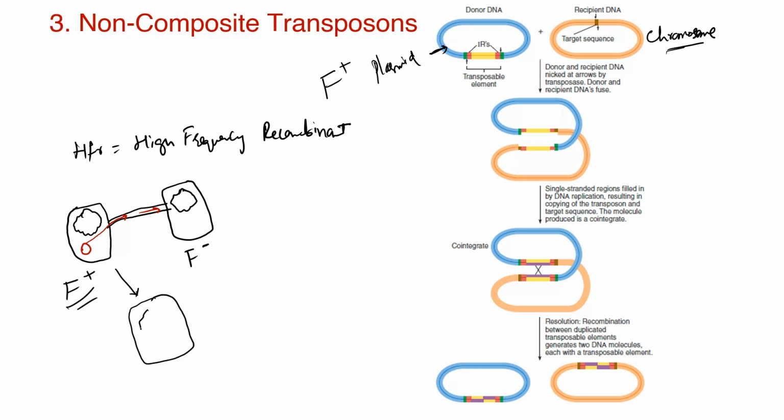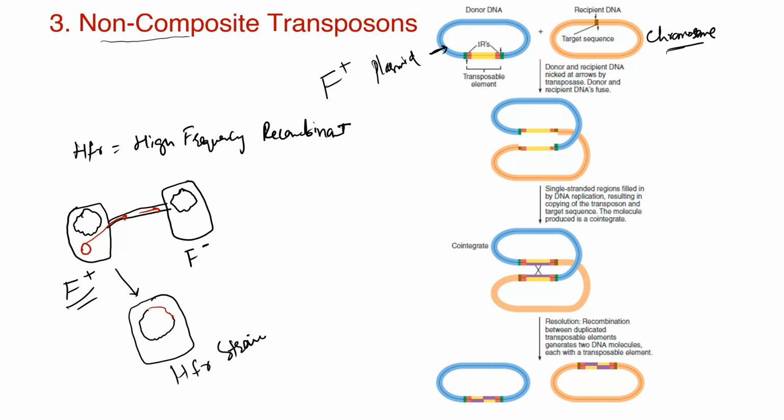This is referred to as an Hfr strain. And this integration could happen by these non-composite transposons, as we already saw here.